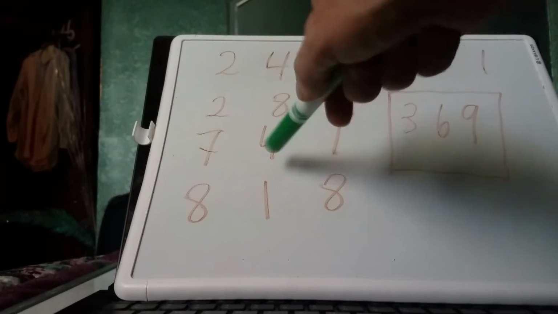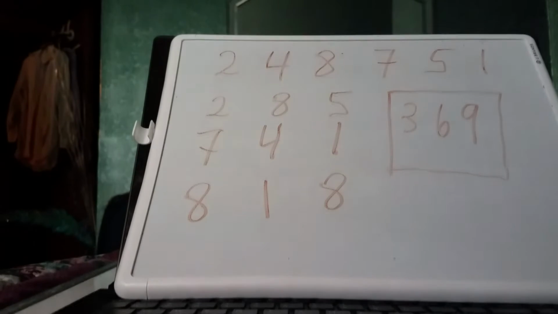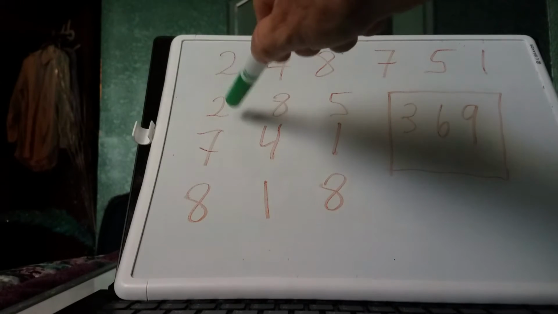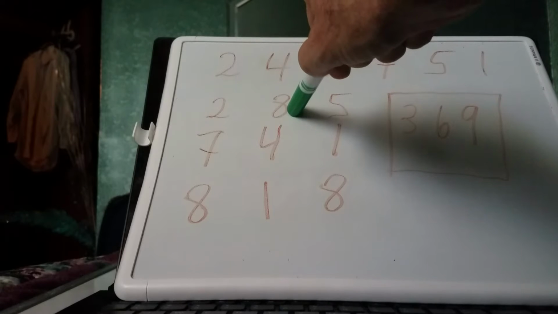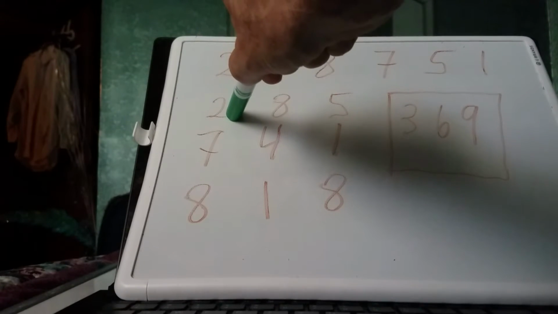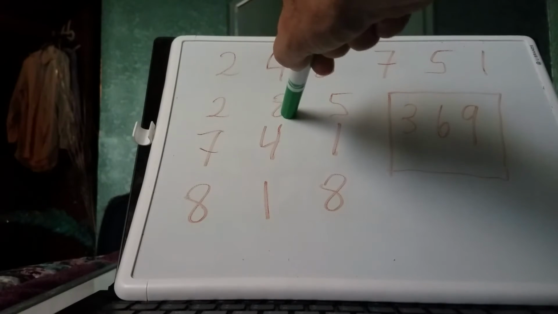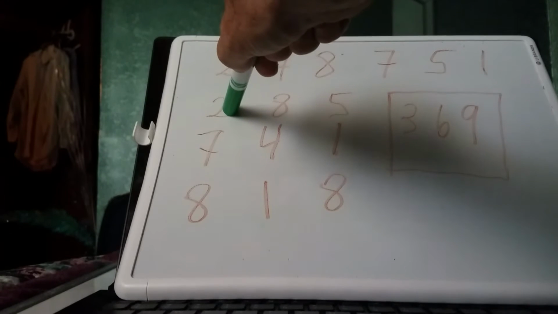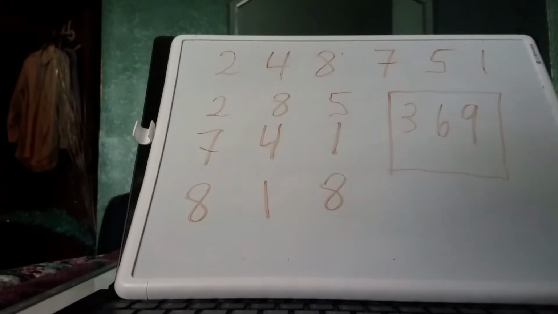7, 4, 1. Well, 1 to 4 is 3, 4 to 7 is 3 as well, 1 to 7 is 6. Okay, so let's do a little multiplication on this one. 2 times 8 is 16, 7. 2 times 5 is 10, 1. 8 times 8 is 64, 1. 8 times 2 is 16, 7. 8 times 5 is 40, 4.